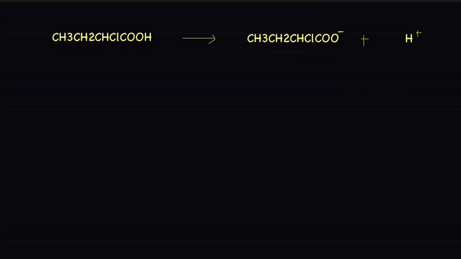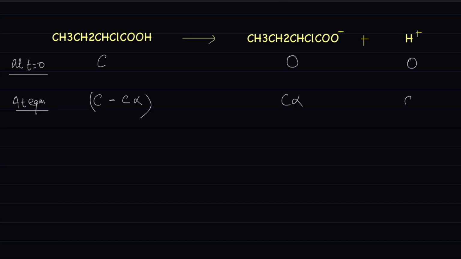So let's assume that at t equal to 0, when the time is 0, that time the concentration of reactant is C and the product concentrations are 0. So if we consider at equilibrium, there is some change in the concentration of the reactant and the new concentration is C minus C alpha. This is C alpha and this is C alpha.